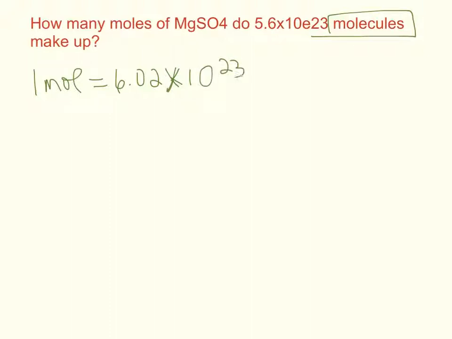to the 23. Now, the question tells us, though, that we have 5.6 times 10 to the 23 molecules. So if 1 mole is equal to 6.02 times 10 to the 23, our answer should actually be less than 1. So we're going to use this unit conversion to figure out exactly how many moles we have.